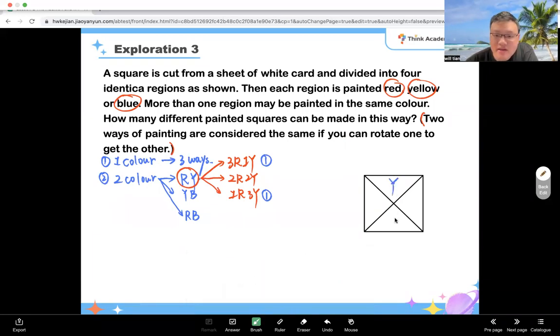It could be either yellow, yellow, red, red, where these 2 opposite triangles are the same color, or you can have these adjacent 2 triangles with the same color. So 2 choices for you, right? So this one you got 2. And if you count that, there will be 4 ways. Okay, guys, so far so good? Are you with me? Any questions?